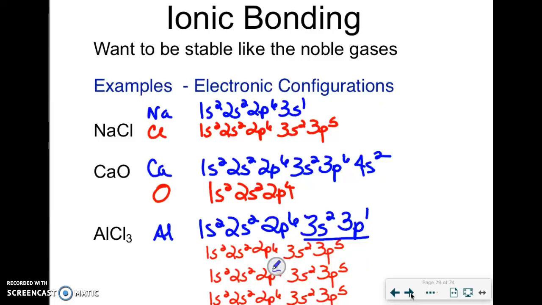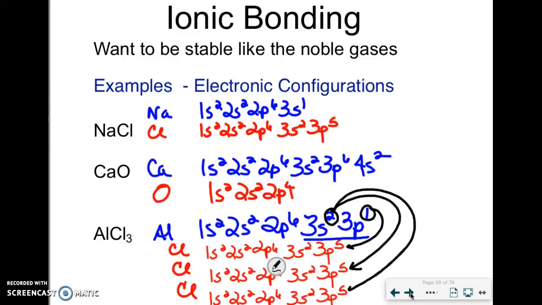These are the electron configurations for chlorine, which is 1s2, 2s2, 2p6, 3s2, 3p5. And what happens is that you need 3 chlorines to account for the 3 electrons that aluminum has to transfer. So that is why the ratio for aluminum chloride is AlCl3. It's all based on the electronic structure, okay?